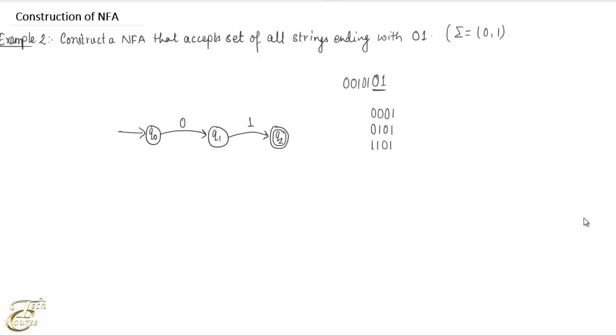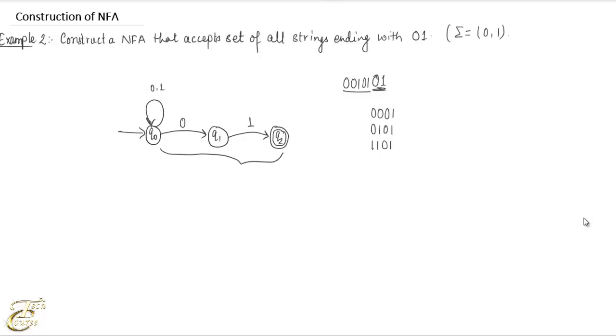Therefore we make this transition on encountering the symbols 0, 1, since these symbols are consumed by this transition, and the checking of this 01 at the end is performed by this transition.